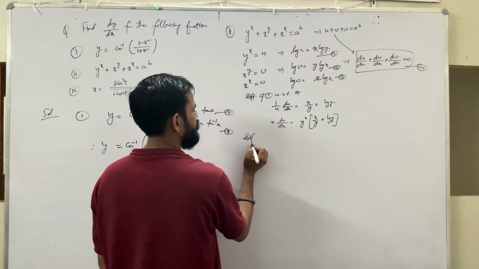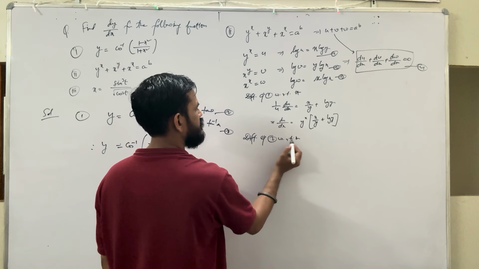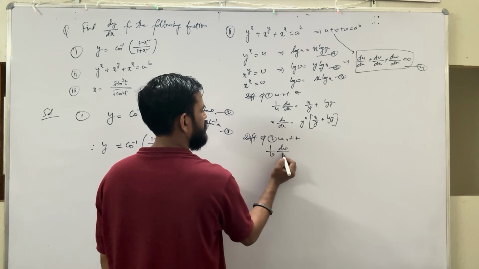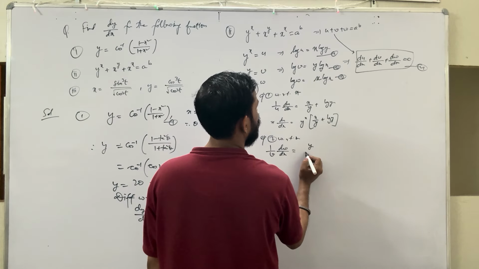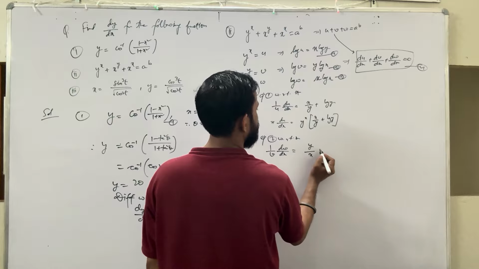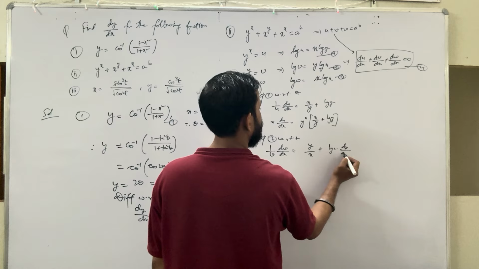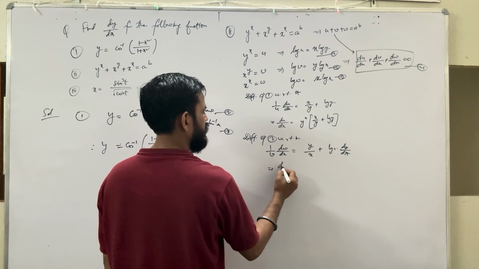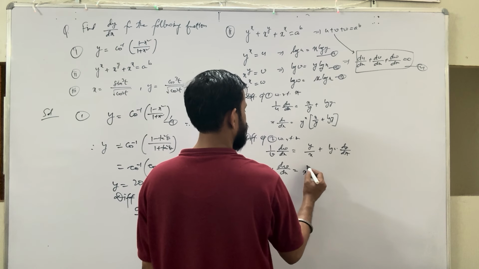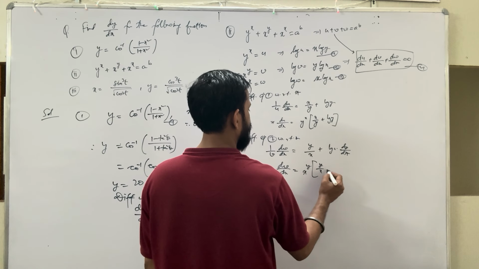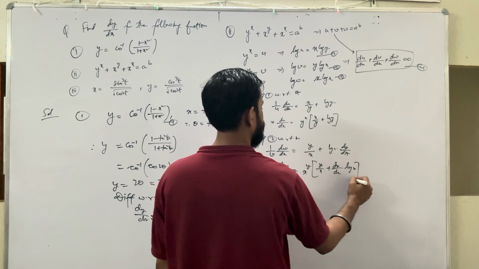Similarly, differentiating equation 2 with respect to x, one gets 1 by v dv by dx is equal to y by x plus dy by dx log x. So dv by dx becomes, v gets multiplied. What is v? x to the power y times (y by x plus dy by dx log x).